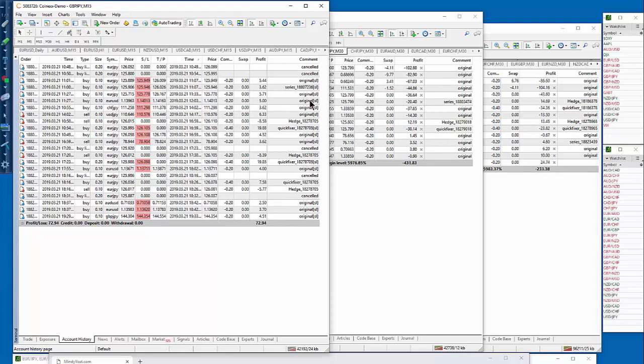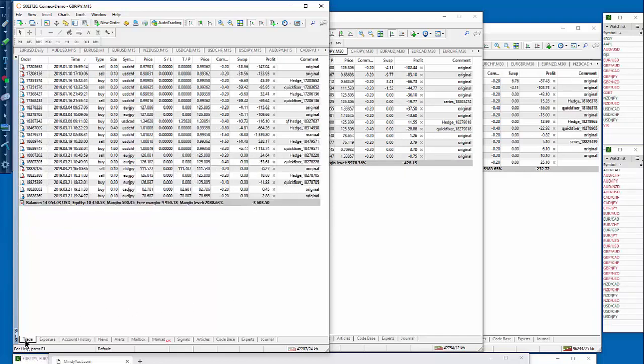And you can see that we've had 1, 2, 3, 4, 5, 6, 7, 8, 9, 10 new original trades today, and that's a good thing. We'd like to see about 20 original trades every day, but it all depends on how the market moves, on how many new trades the EA makes on any given day.